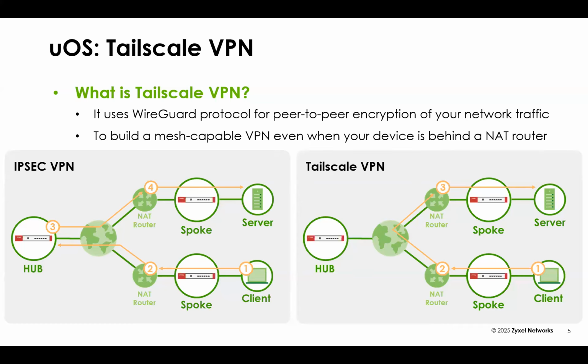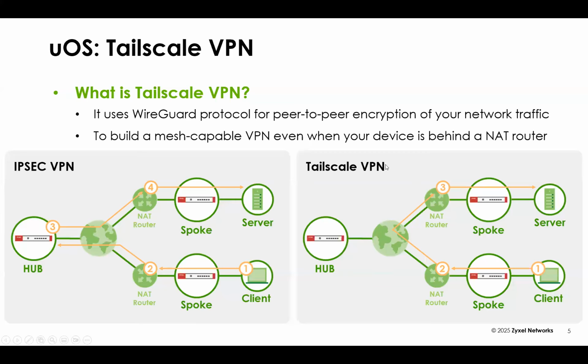If we have some server assets that are behind a specific site over here on this spoke, towards the top, and then we also have a client connected to another spoke, and we want to access something on the specific server, we have to go from the client through one of the spokes, through the hub, back to the other side of the spoke, and then reach the server.